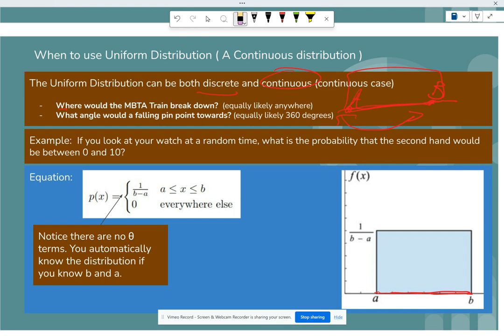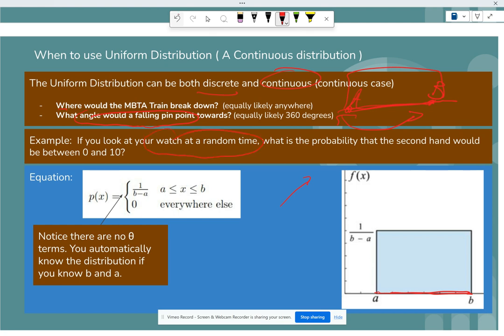And also, another example would be what angle would a falling pin point towards? If you have a pin, it could point basically any direction and it's equally likely. And these directions, in terms of degrees, is also a uniform distribution. Also, let's say you look at your watch at a random time.